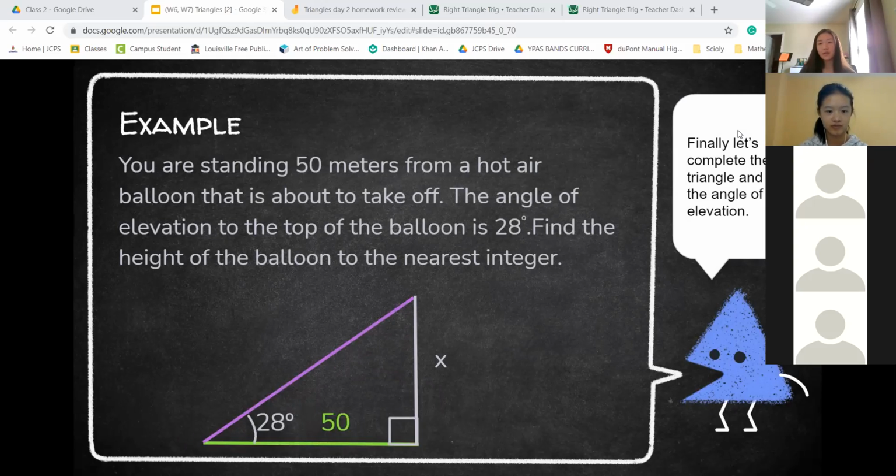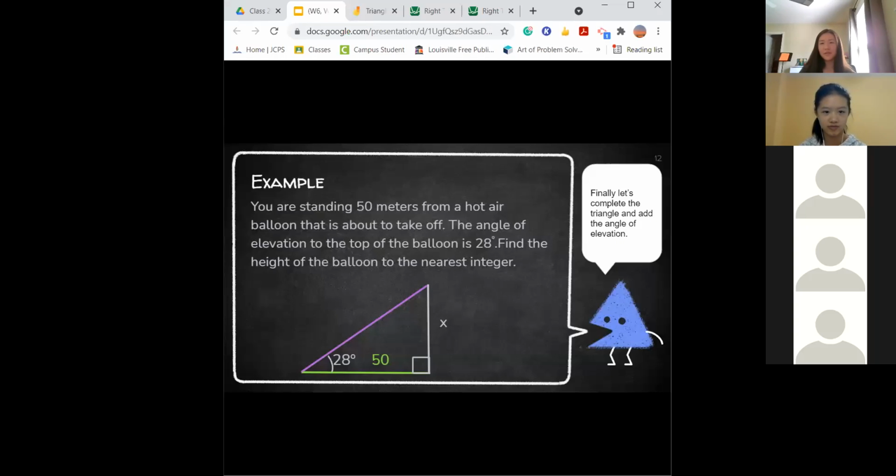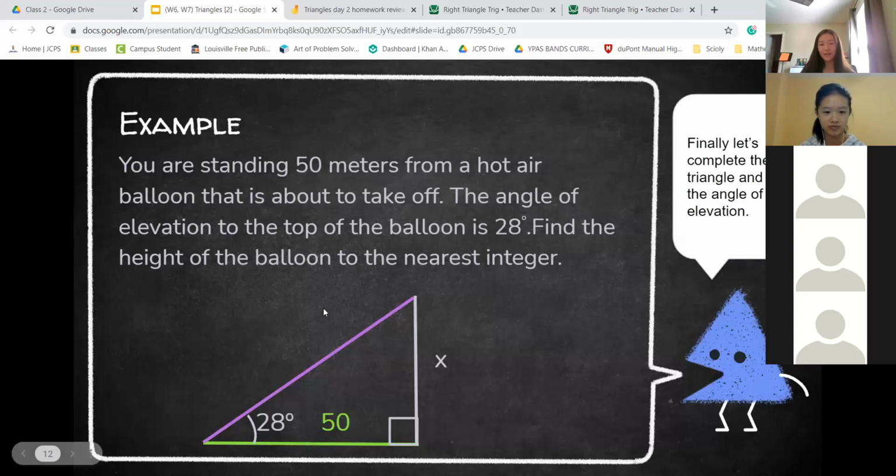Now I'm going to complete the triangle, and add the angle of elevation because the question tells us, but also because the person is on the ground looking up at something that's elevated. That's why we're using the angle of elevation.